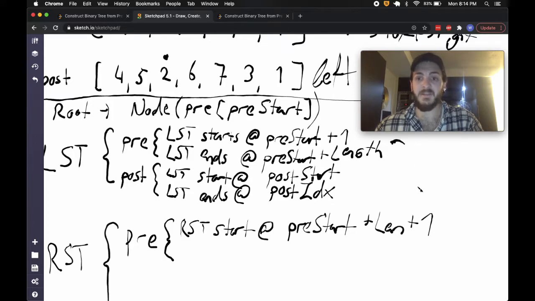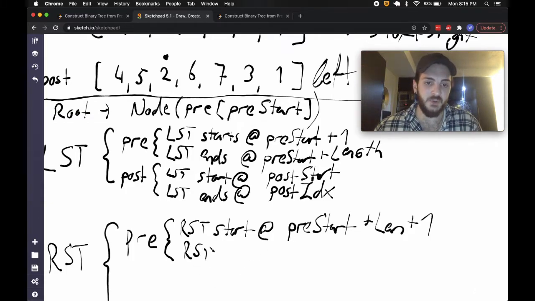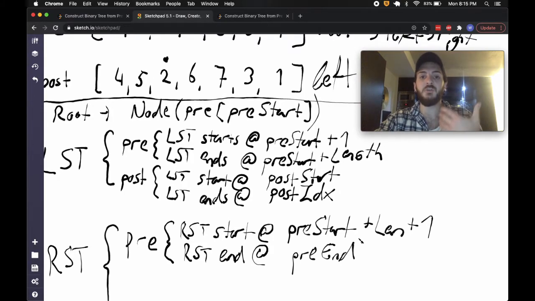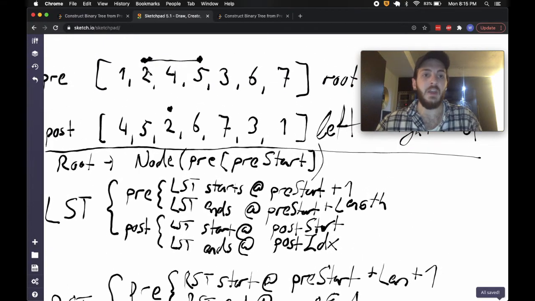So it's literally this value plus 1. We're starting 1 more unit over from the end of our left subtree. Now, our right subtree is going to end at, it's just going to end at pre-end. And I think the easiest way to think about this again and why this is the case is imagine we're doing our first recursive call here. Our original pre-start is right here.